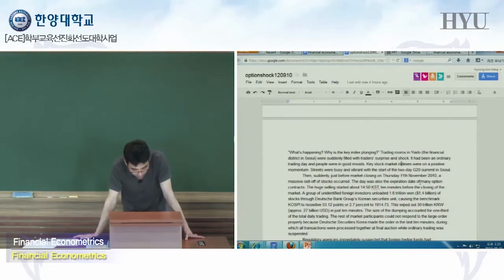Just 10 minutes, like 3%. The stock index dropped 3%. In nominal value, this wiped out about 30 trillion Korean won, which is approximately 27 billion USD, in just 10 minutes. The size of the dumping sell-off accounted for about 1/3 of the total daily trading. Okay?